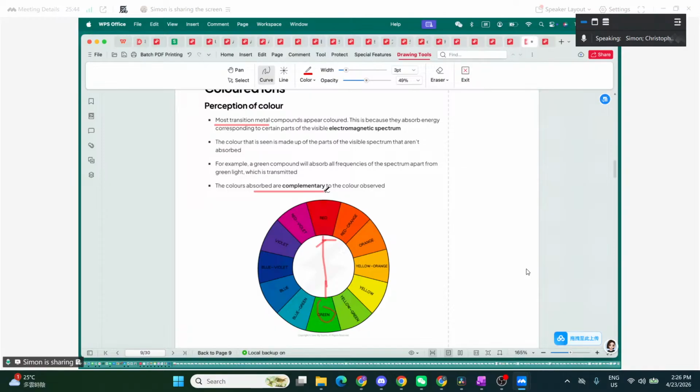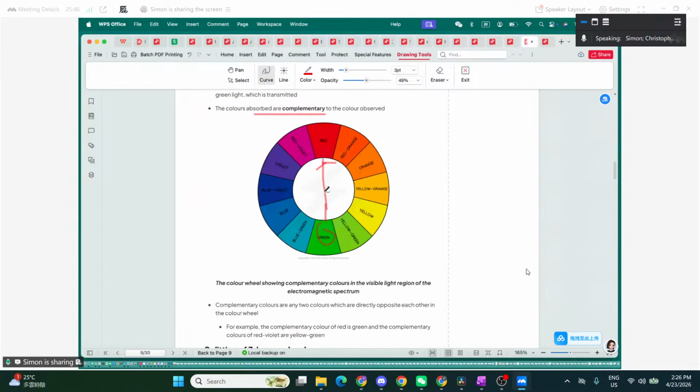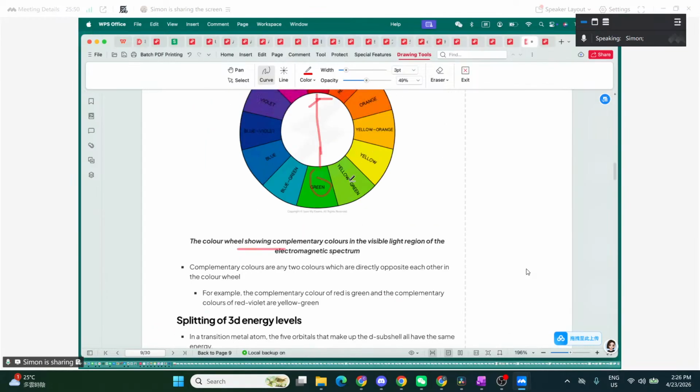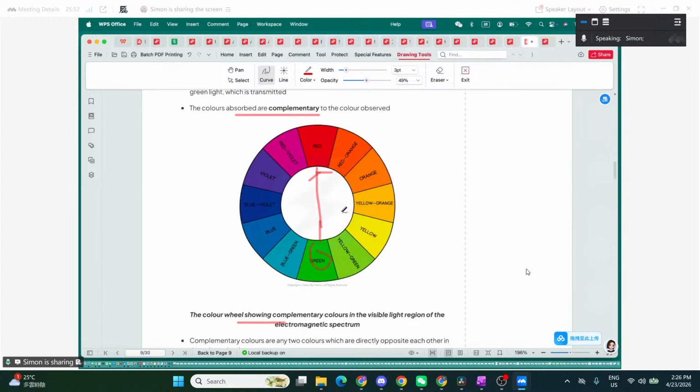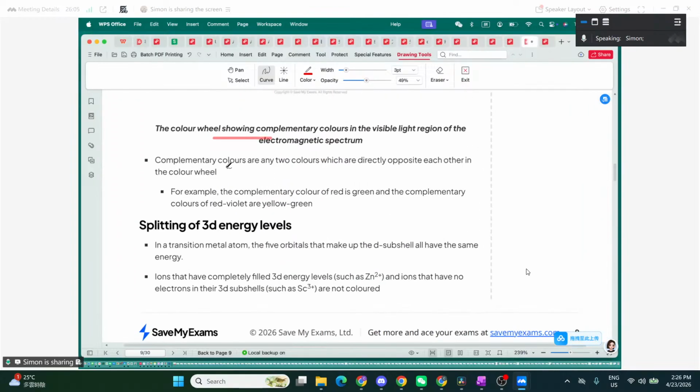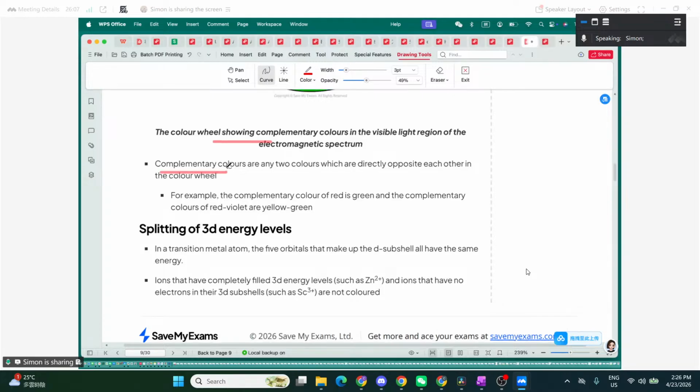For this wheel, it shows all of the colors in the visible part of the electromagnetic spectrum. And we know the complementary colors are any two colors which are directly opposite each other on the color wheel.